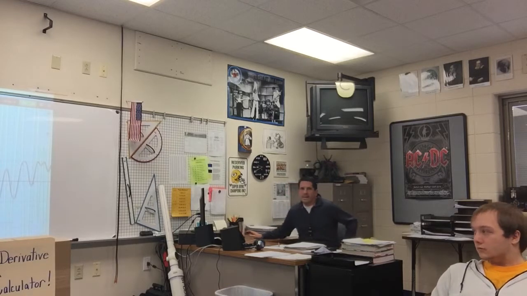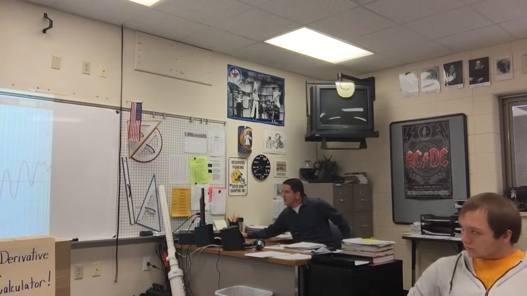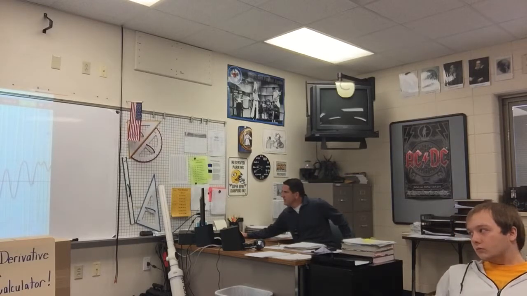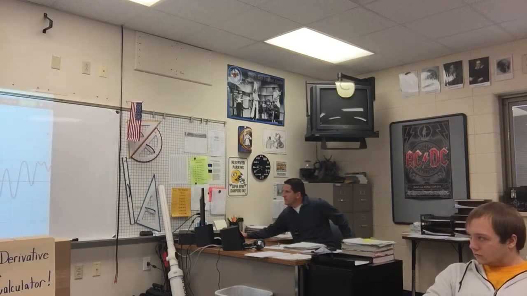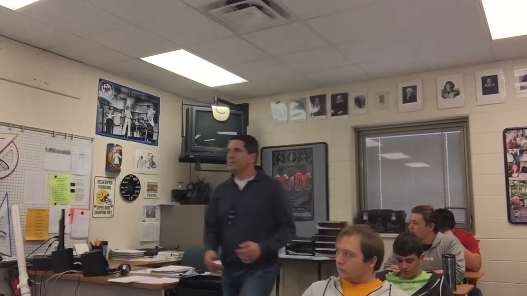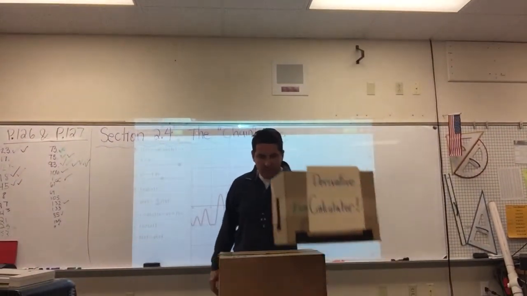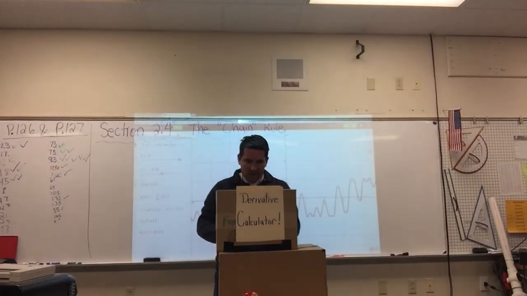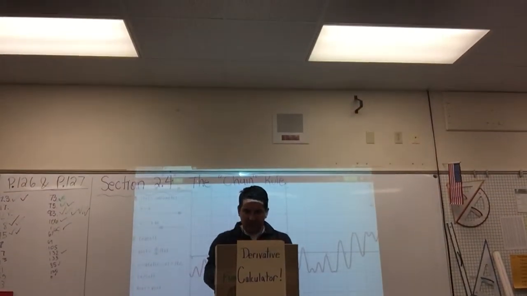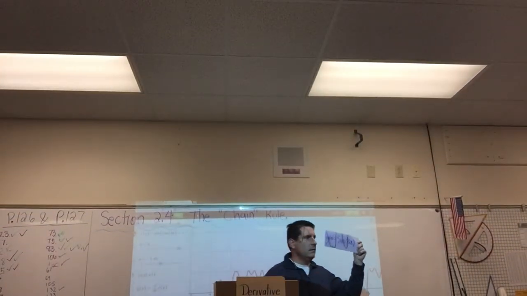So the green function is the derivative of the red function. There's a certain characteristic of the red function which is characteristic of all the functions that we're going to do today. Okay? So your first job is to look at the function and try to figure out how each of these is different from the ones before.